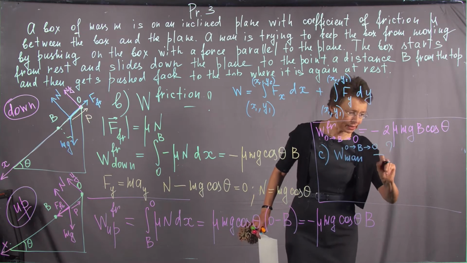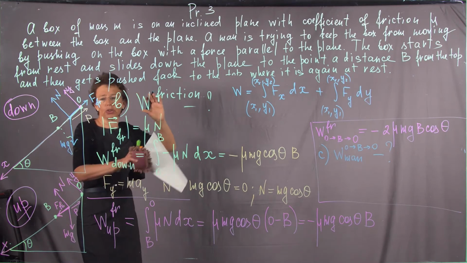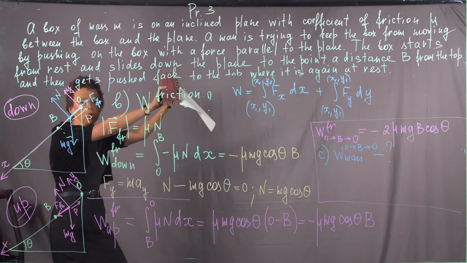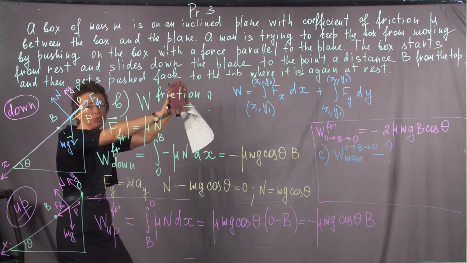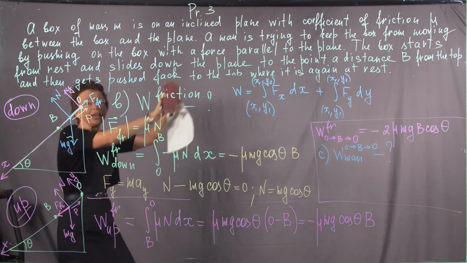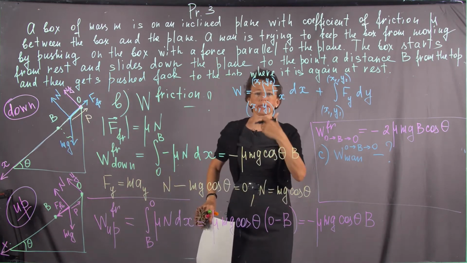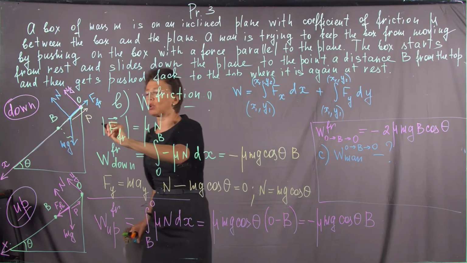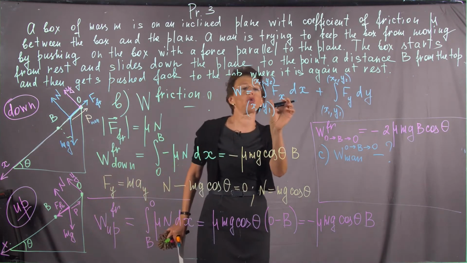So what is it? Well, imagine this. You're pushing on this box, and despite your effort, it is sliding down. And then you manage to push it back. Obviously, the force that you apply, we call it force P, force applied by the man, is not constant.